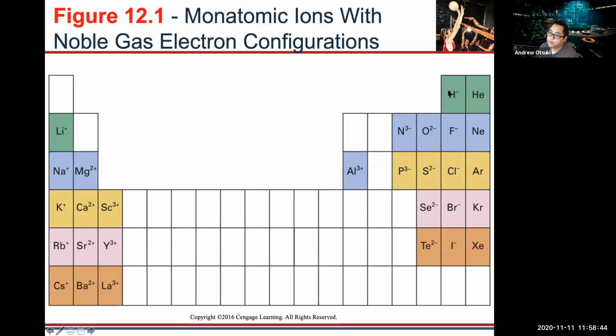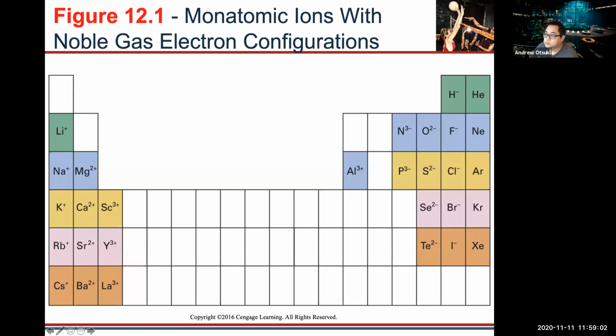But we'll talk more about that when we talk about acids and bases, which will be in a future chapter. Okay, so those are the common charges for cations and anions you're expected to know. Remember, noble gases have no charges, so they're always neutral.